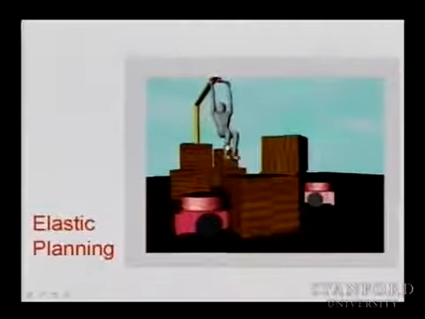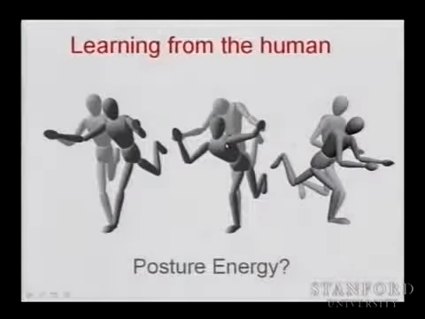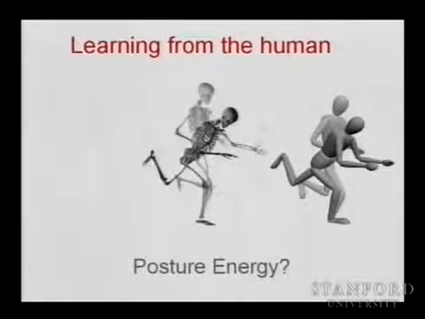Another topic that I mentioned slightly earlier is the implication on digital modeling of humans. Learning from the human is very interesting and very attractive to create good controllers for robots, and also for understanding human motion.